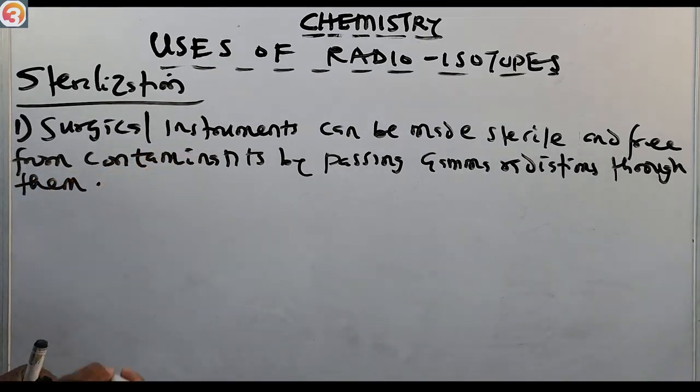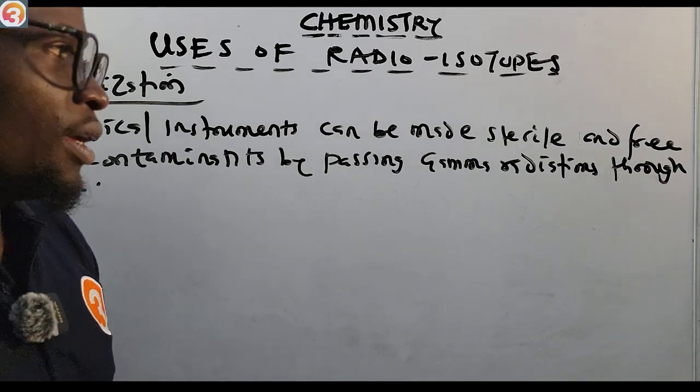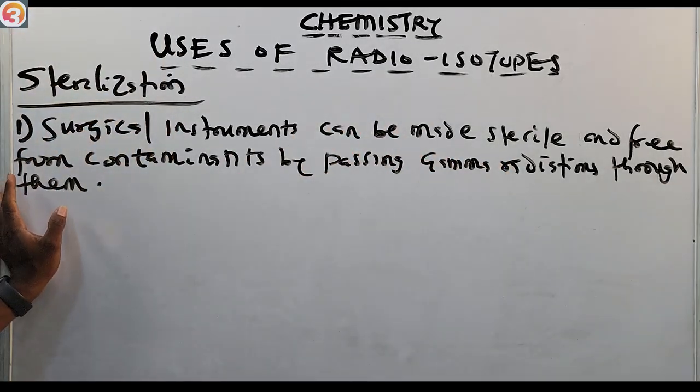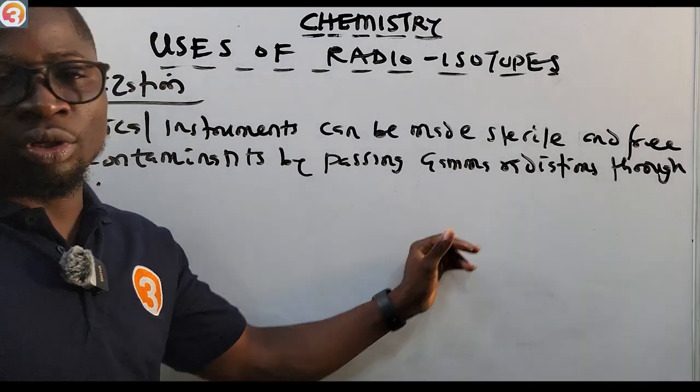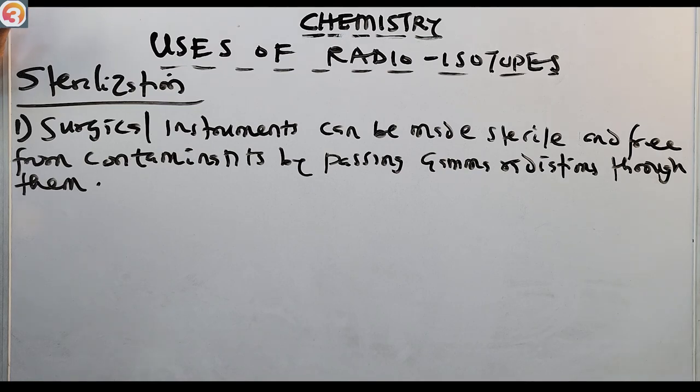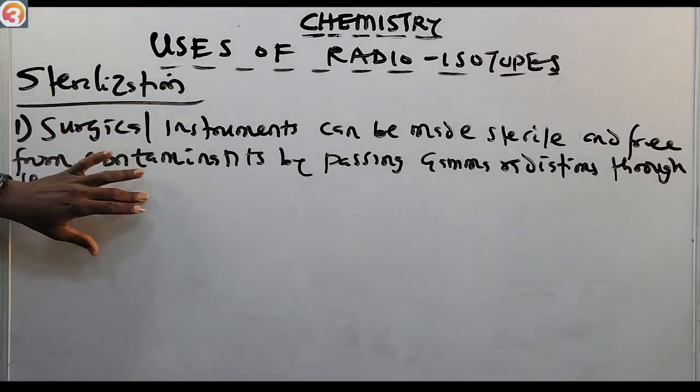This one is also in the field of medicine. So surgical instruments can be made sterile, made clean, and free from contaminants by passing gamma radiation through them. So radioisotopes also find application in sterilization of surgical instruments. Then of course we now have tracing techniques.